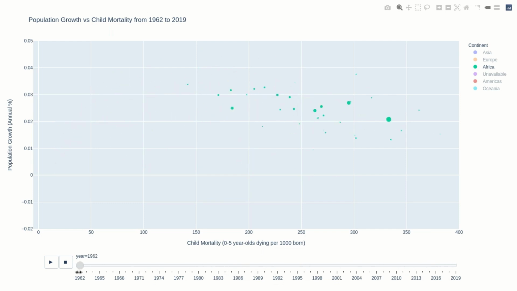But with this data we can also be sure that improving healthcare is a good way to decrease the population growth rate and hence prevent the adverse effects of overpopulation.